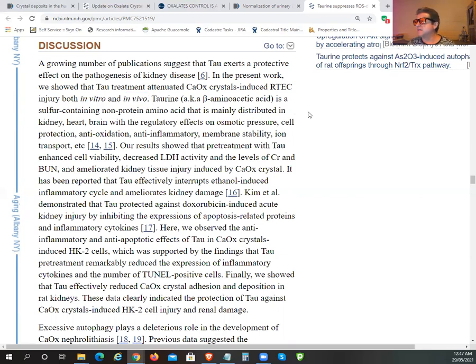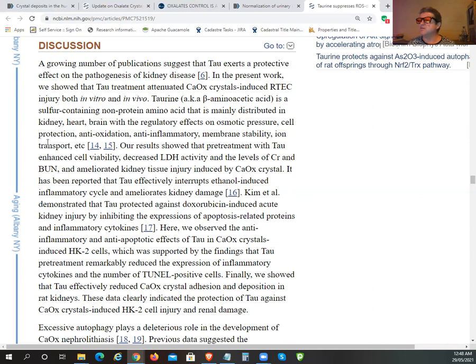Taurine is a sulfur-containing non-protein amino acid that is mainly distributed in kidney, heart, brain, with regulatory effects on osmotic pressure. What I've talked about: intra and extracellular fluids, cell protection, antioxidant, anti-inflammatory, membrane stability, ion transport.